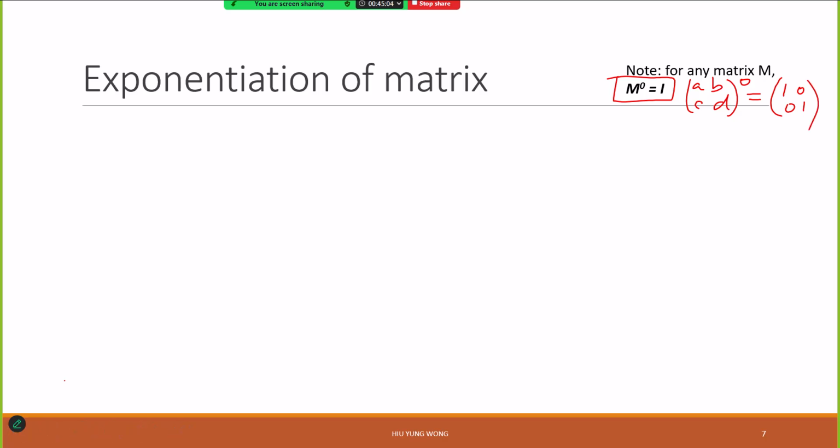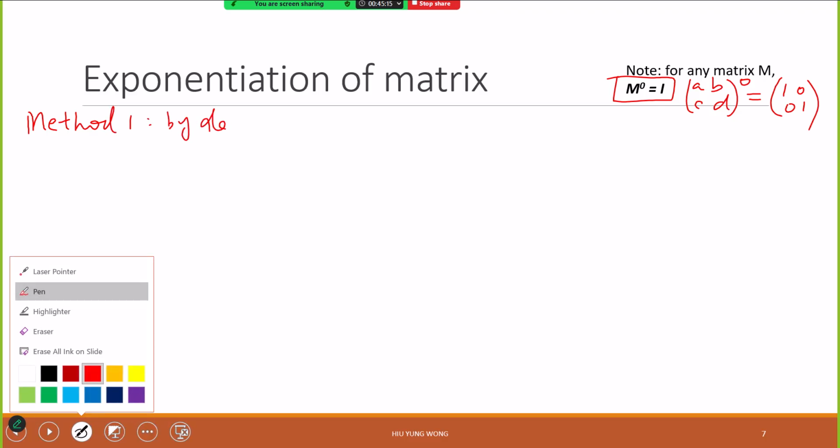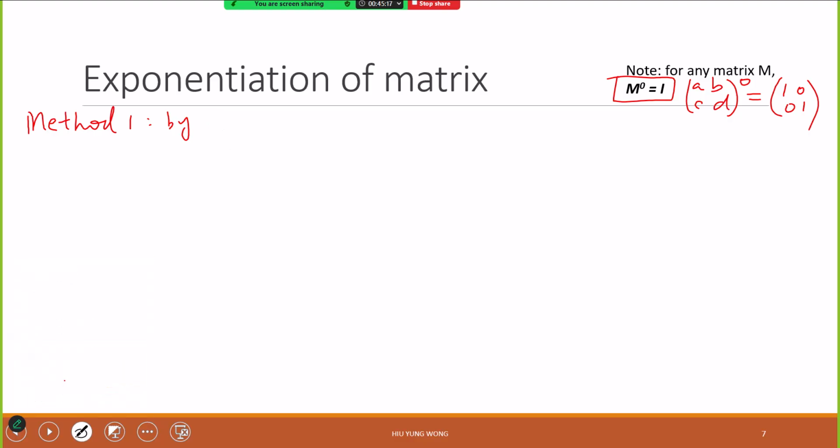Okay, so how do we exponentiate a matrix? By definition, right? Method 1. It's exactly the same as how we define the exponential by Taylor expansion for a regular number.